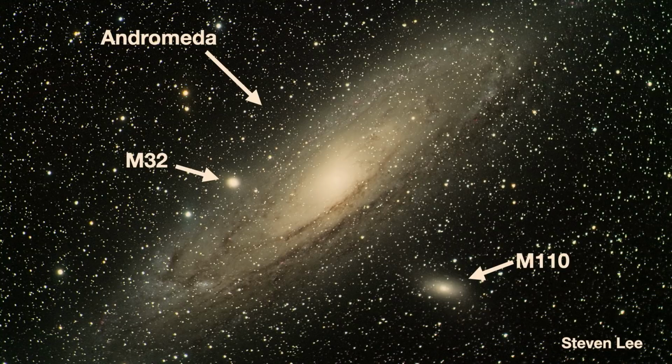Satellite galaxies will ultimately get drawn in, they'll orbit through and they won't come out the same way. It won't end well for those smaller satellite galaxies that get pulled in by the very big galaxies, be it Andromeda or the Milky Way.